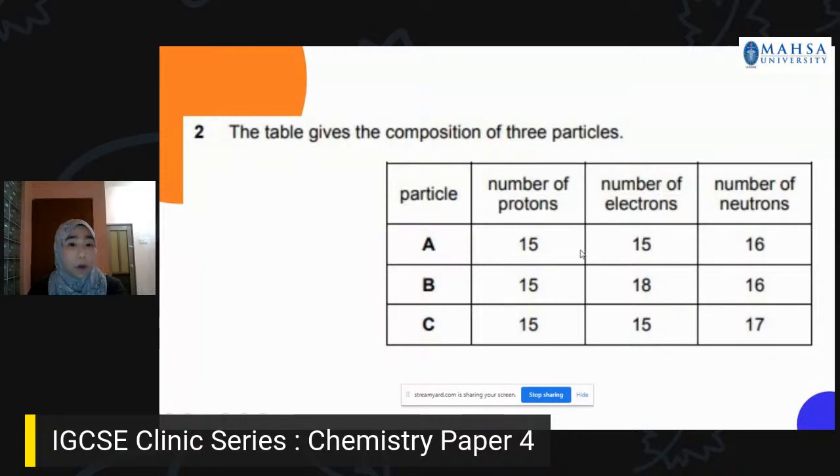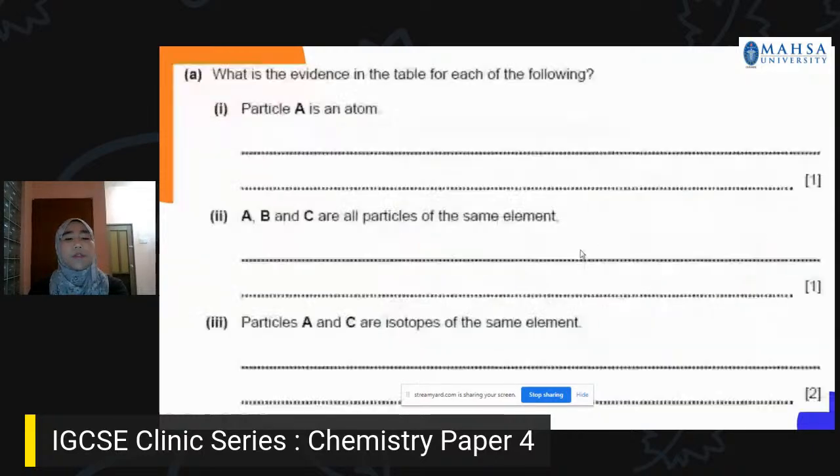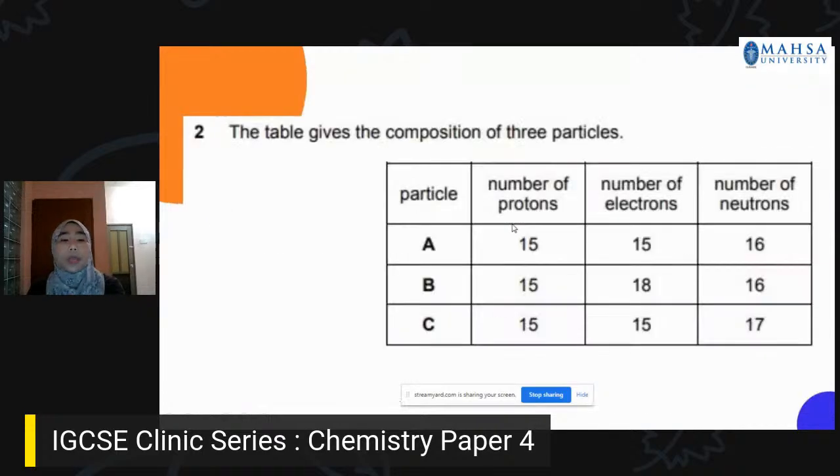Okay, so basically this is the statement for particle A. I hope you have no problem until here. Let's go for the next part. A, B, and C are all particles of the same element. Looking at the periodic table, you should know how the elements are arranged. The elements are arranged according to the number of protons.